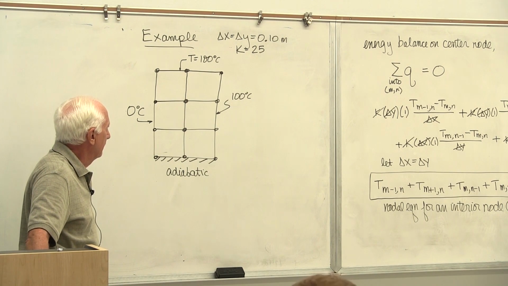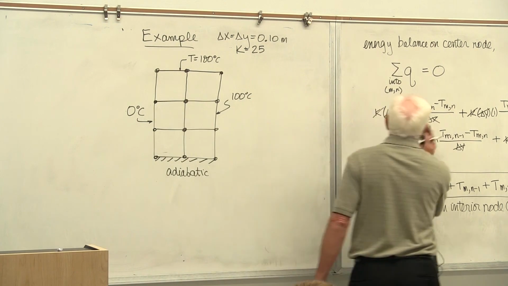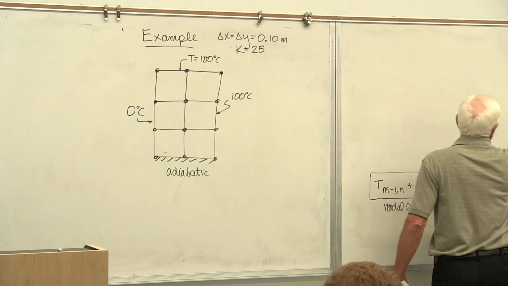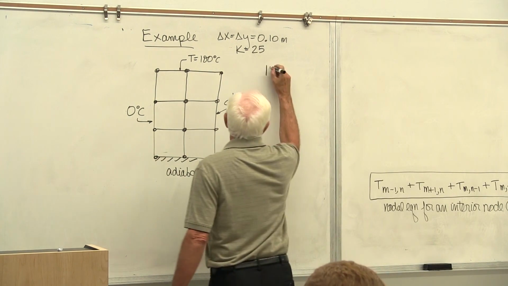So, find the temperatures. All right, so now, there are a total of 3, 6, 9, 12 nodes.